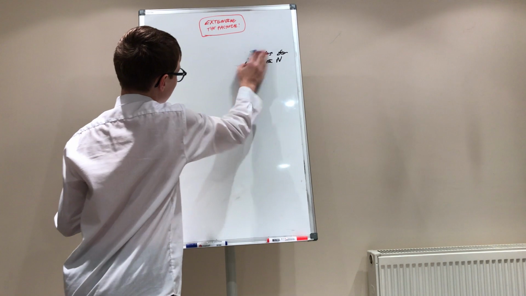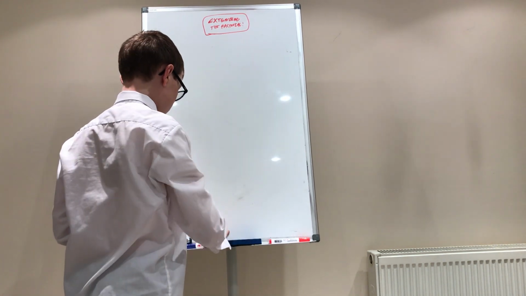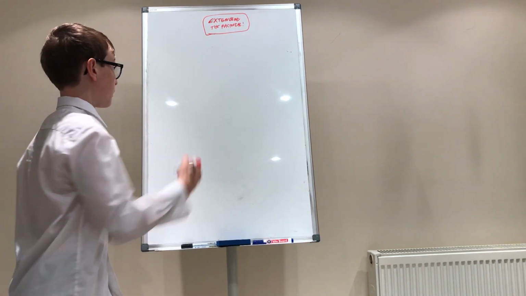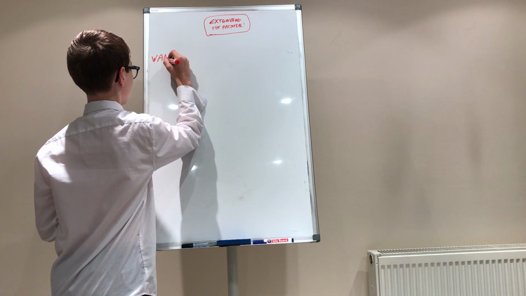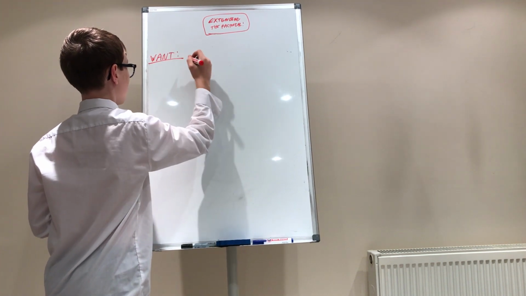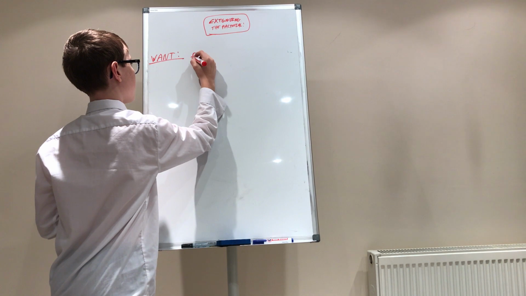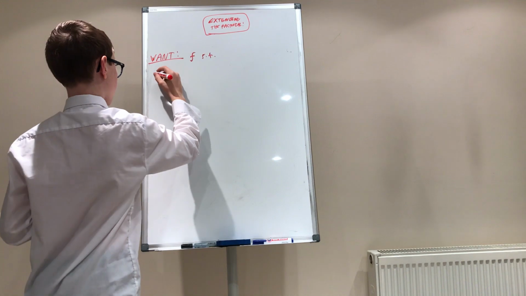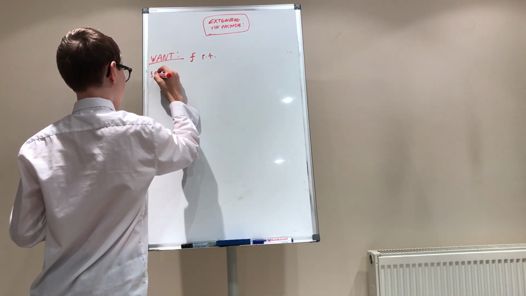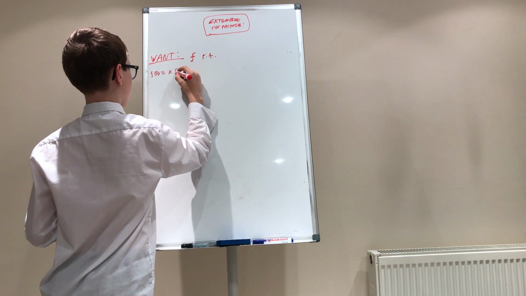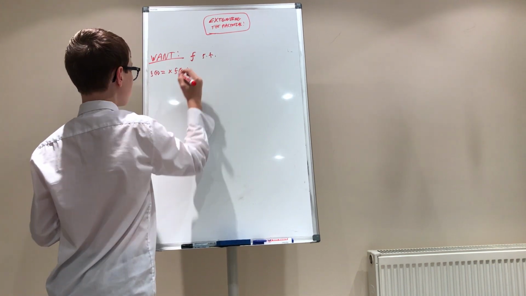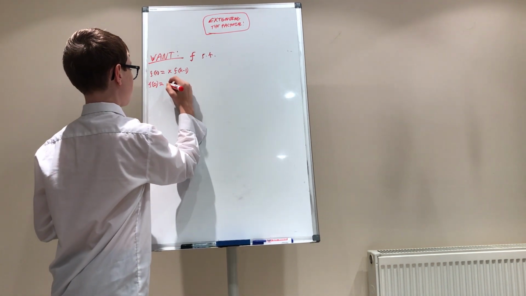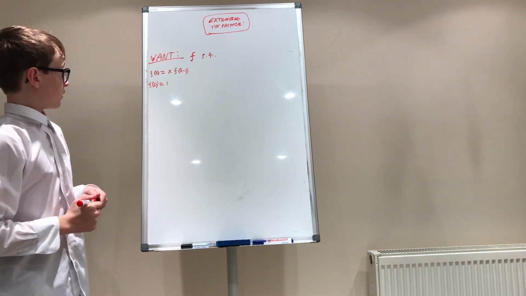But now, what do we want? We want a function f such that f of x equals x times f of x minus 1, and f of 0 equals 1.